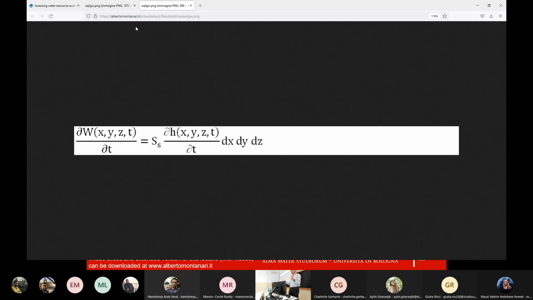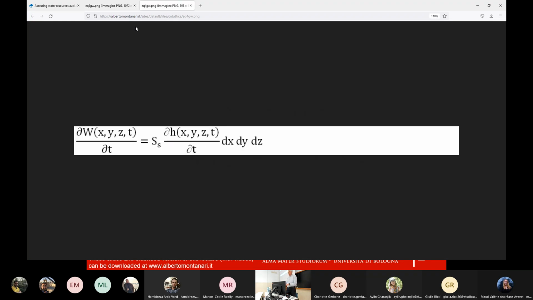It's a variable that I cannot measure. So I prefer to have a relationship not between storage and flows. I want a relationship between hydraulic head and flows. So by combining these two, now I get the relationship between hydraulic heads and flows.